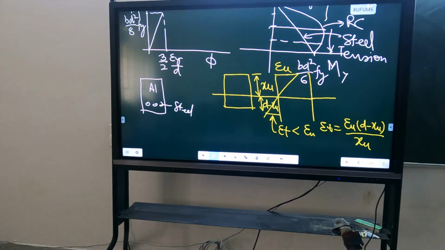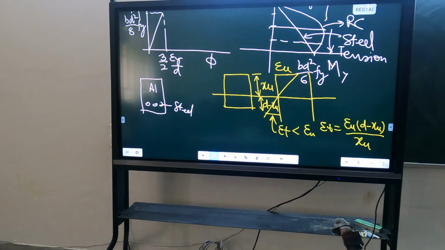This line will be the same because this line is E. This E will be the same. This line will continue like this till it reaches fy. You can make an assumption and then check it. That will depend on the value of x. Suppose the value of x is very, very large, very close to d, then it will still remain linear.